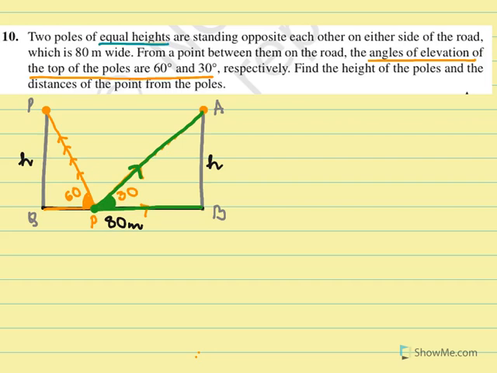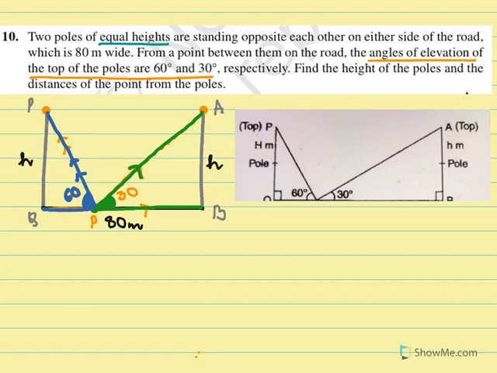And on the other side, you draw the line of sight because you're looking at the top of the pole. And this is your horizontal. Always draw horizontal for angle of elevation or angle of depression. And the angle between the horizontal and the line of sight will be the angle of elevation, which is 60 in this case.